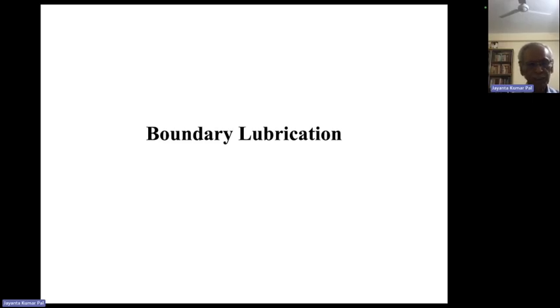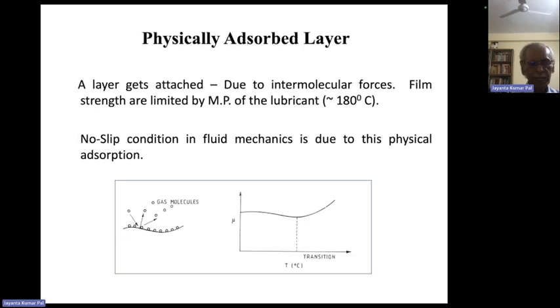So in boundary lubrication, we expect surfaces to be fairly close together, and they are separated by one or two molecular layers, and the layers get attached due to intermolecular forces, and the film strength is limited by the melting point of the lubricant, which is often in the order of 180 degrees or so.